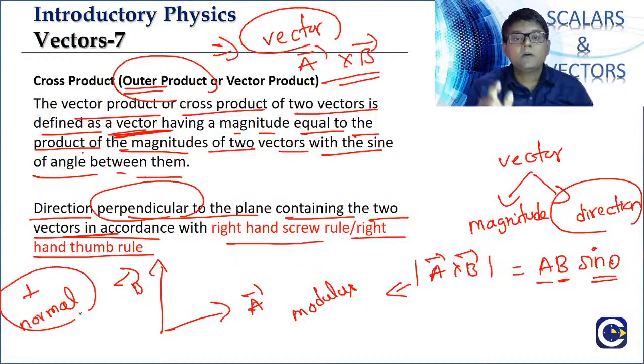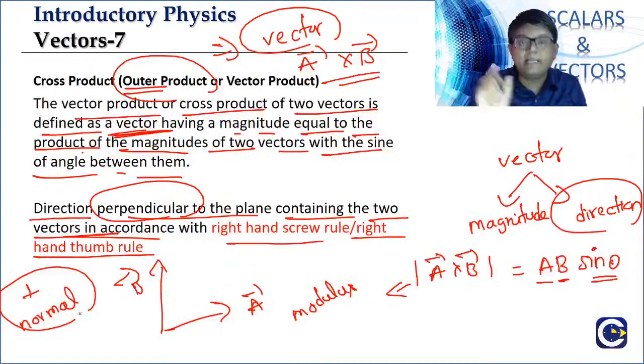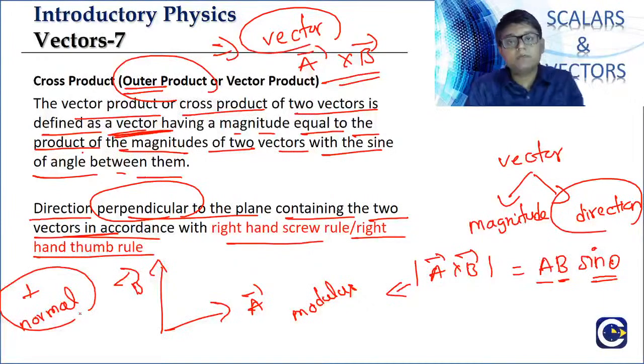Whether it will be upwards or downwards, we will know once we cover the right hand screw rule or right hand thumb rule. So here we are not getting into the direction part. We are just giving some information about the direction, and the other part will be discussed in the right hand screw rule or right hand thumb rule.